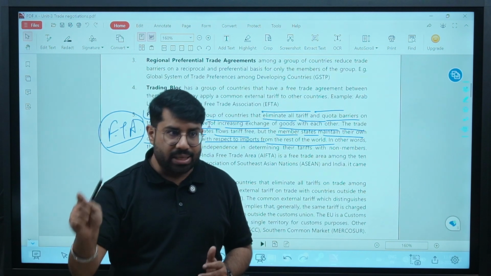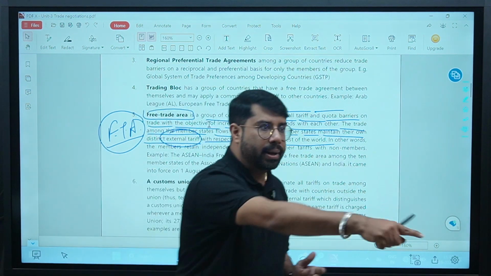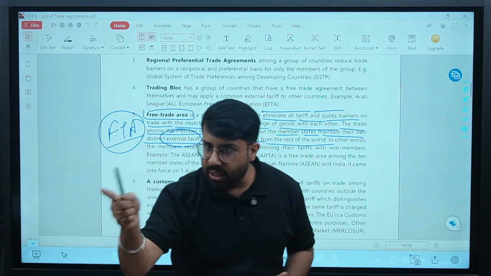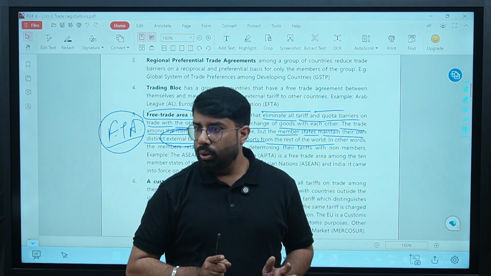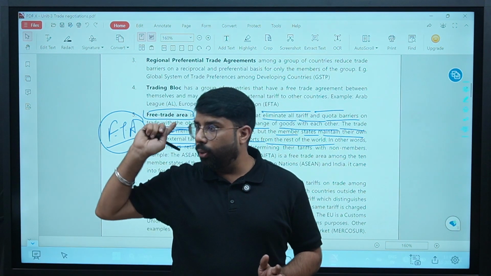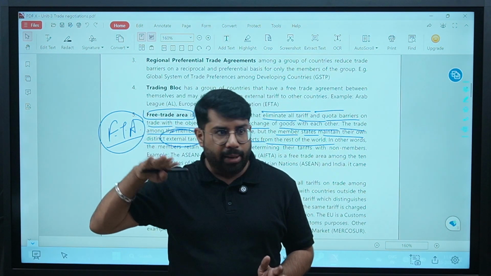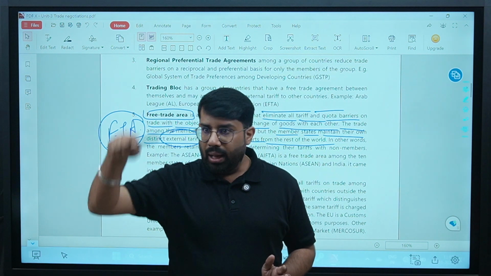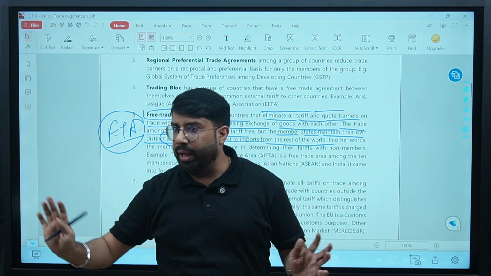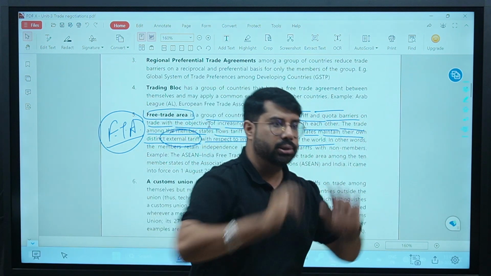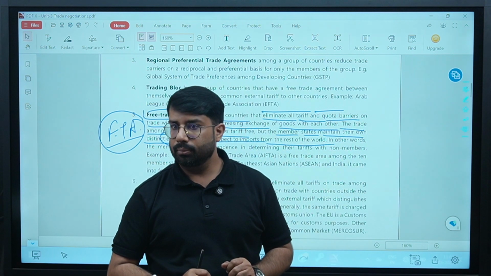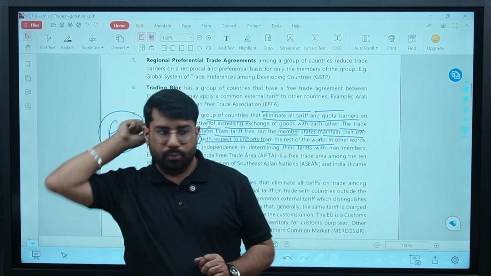But if this country is selling commodity X to any non-member country, then this country will charge tariff. Yes or no? Now in trading block I told you the tariff rate was the same. Here every member country will have a choice to charge different tariffs from the non-member countries. Are you getting the point?